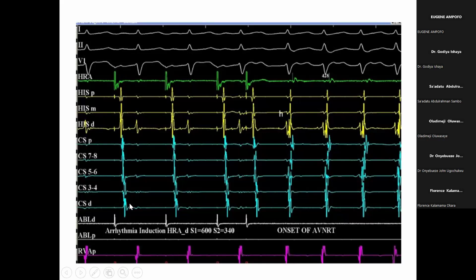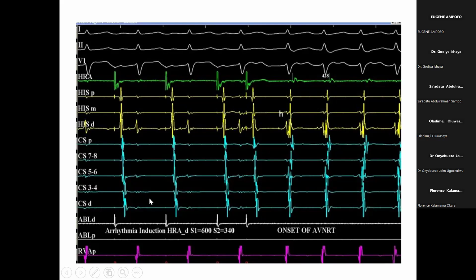And remember, we said distal CS is closer to the left atrium, right? Proximal CS is closer to the right atrium. Then you can see your RV apex, RVA, which coincides with your QRS, right? This is normal sinus rhythm, right? So the P wave came far before the V wave, right?